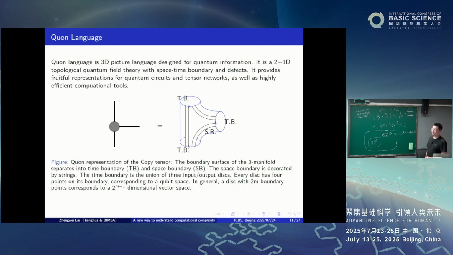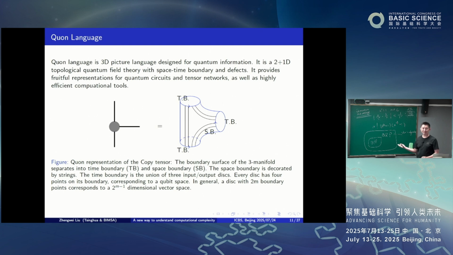Now we are going to introduce such a mathematical framework that gives us a solution and a broader view to understand computational complexity. The very exciting part is that this broader view comes with new ideas in topology, in particular low-dimensional topology, 2+1 dimensional.